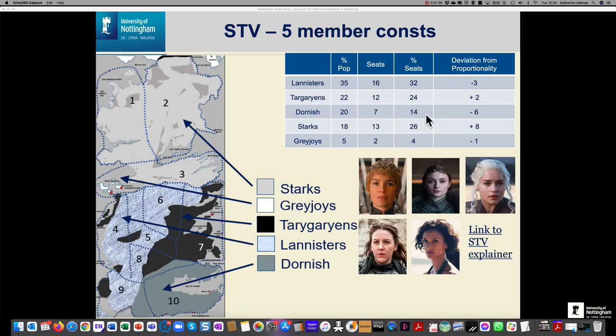And this could be good in terms of ensuring inclusion and inclusivity, but it could also be bad in terms of instability, because you've got the potential for a lot of defections to happen. And that's one of the things that you need to weigh up when you're designing an electoral system for a divided society.